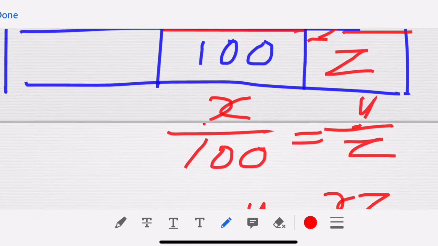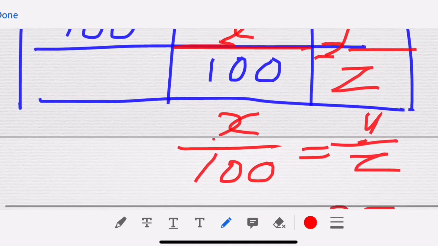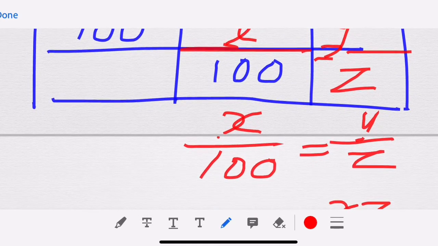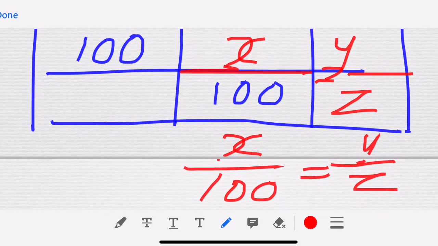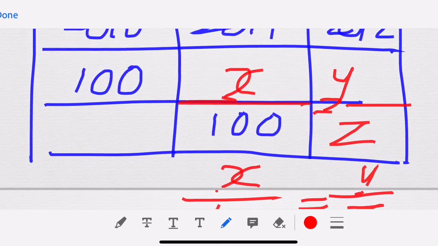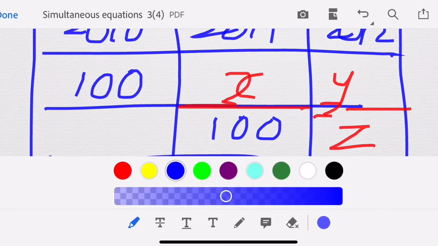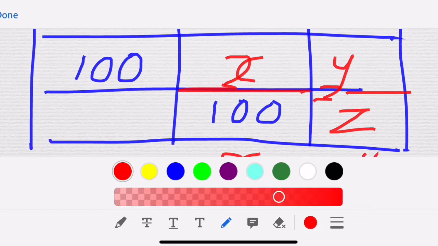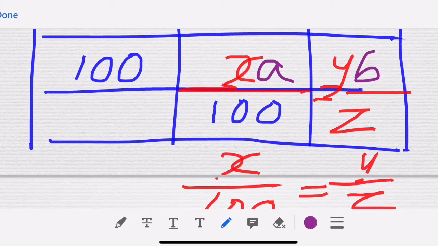You can put the symbols accordingly. So if you want to use A here, no problem. You can use A here, B here, C here.